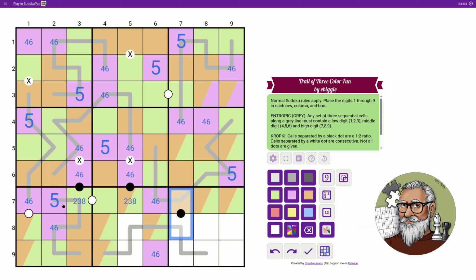If this is orange, because then I would know that this is 8. But this can't be orange. So yeah, it's either orange and then it's 1, 2, or it has to have 4 or 6 in it, right? Because, well, yeah, it has to have 4 or 6 in it, unfortunately.